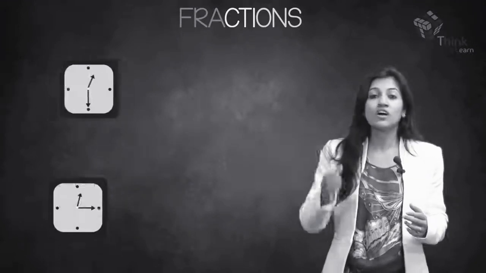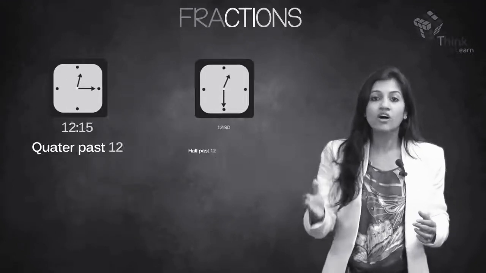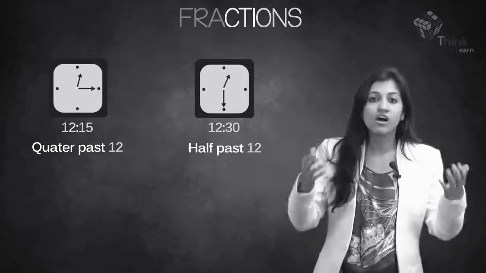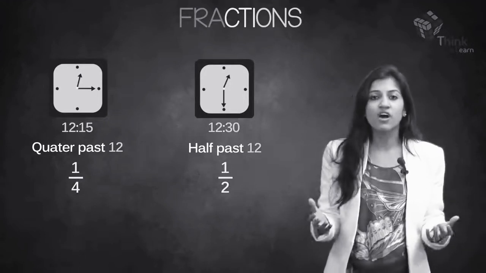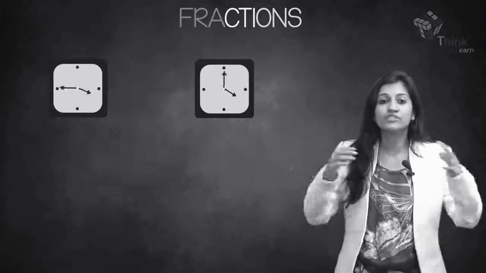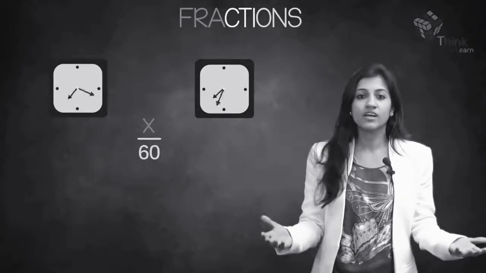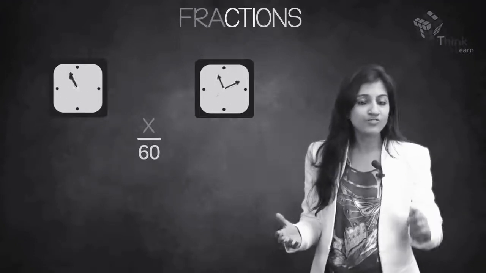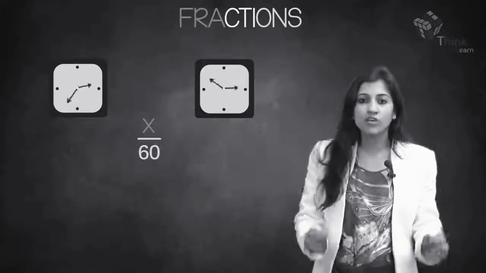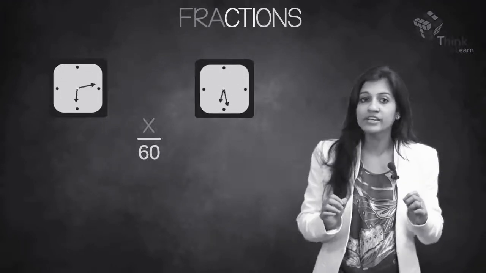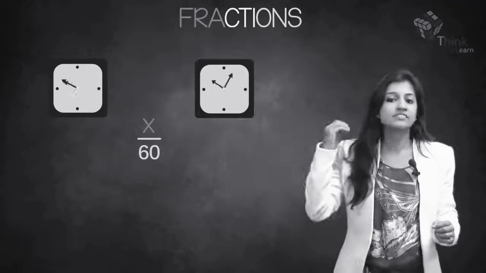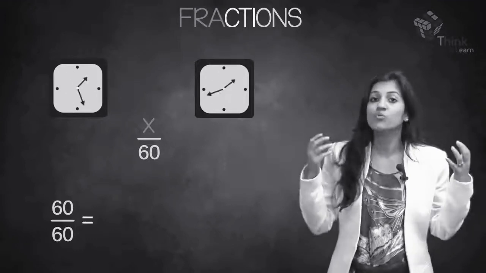You should know that quarter past, half past, say 12 are fractions. In fact, all of time telling is a fraction of something by 60, right? With the exception of when it's time on the hour, like 12 o'clock, 1 o'clock. At that point, it becomes a whole number. Like 60 by 60 is going to give you 1.